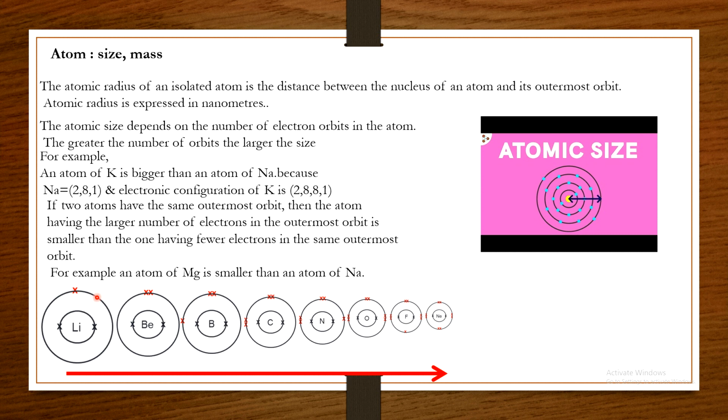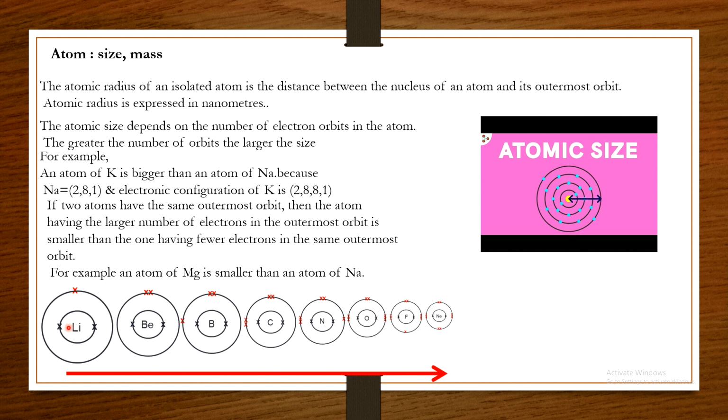In the last orbit, it will contain only one electron, then two electrons, then 3, 4, 5, 6, 7, and neon contains 8 electrons in the second, last orbit. That means the number of electrons in the outermost orbit goes on increasing. As the number of electrons in the last orbit increases, that means the nucleus charge increases.